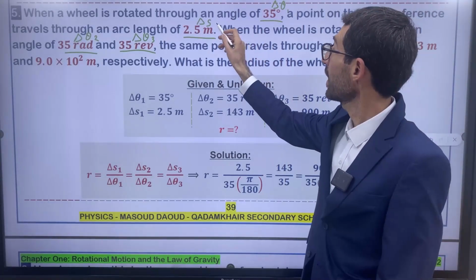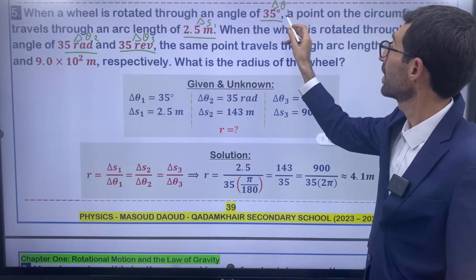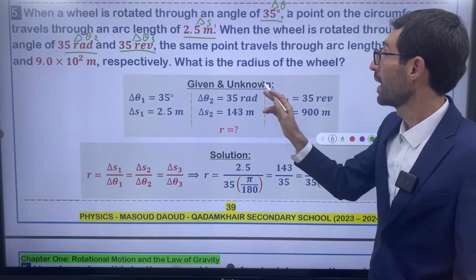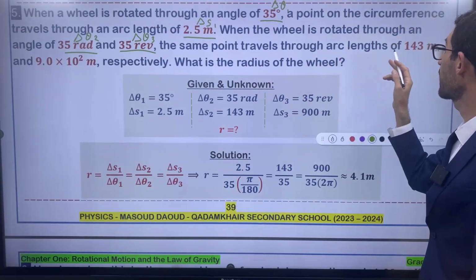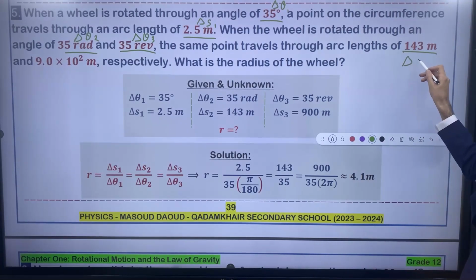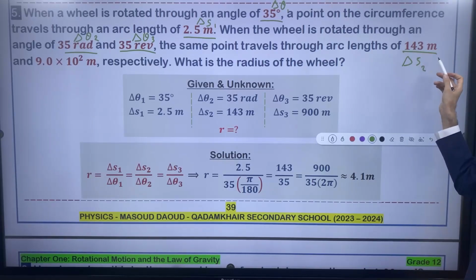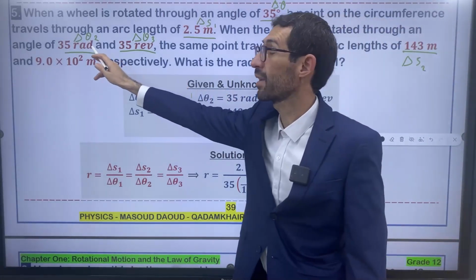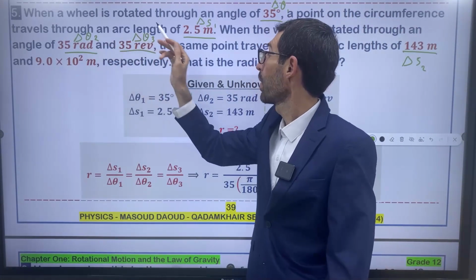So this arc length delta S1 is dedicated for delta theta 1. The same point travels through an arc length of this number. This is delta S2, and this number, delta S2, has to do with delta theta 2.